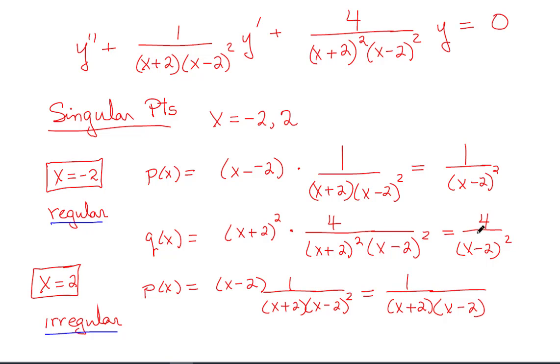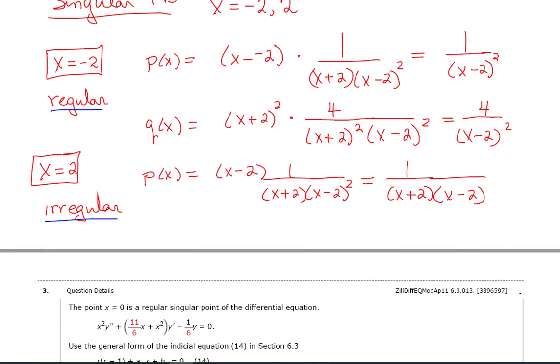So when you look at those resulting answers, if I plugged in x equals minus 2, is this still undefined? And the answer is no. It is defined at the singular point. Therefore, we say that this is a regular singular point. Well, what about if I try to plug in x equals positive 2? All right, so that means I'm multiplying by x minus 2.